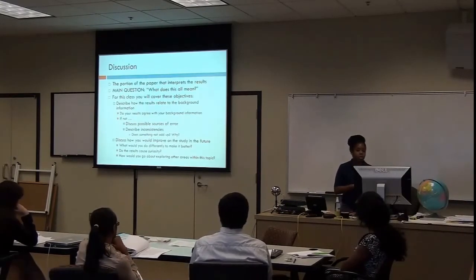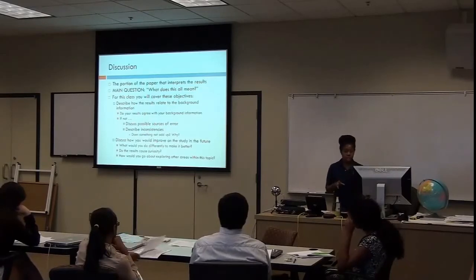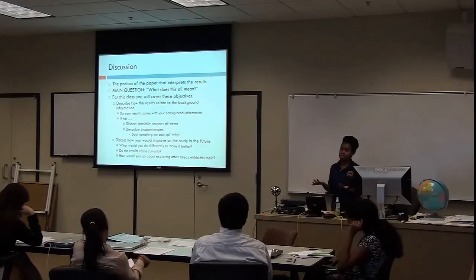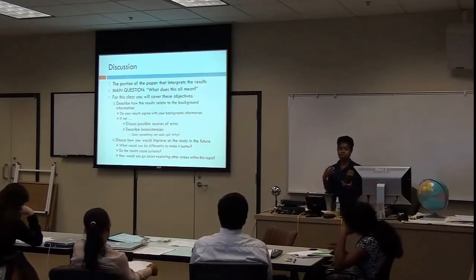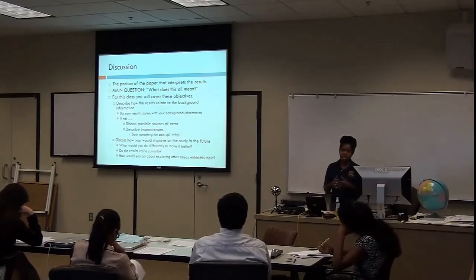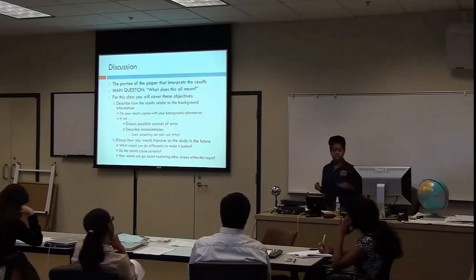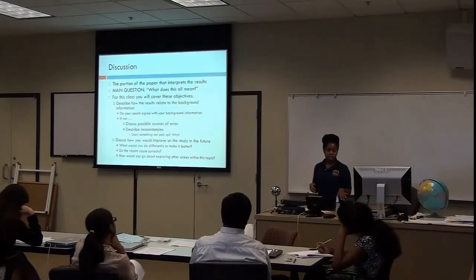All right. So I gave you a few questions to kind of put in your mind because you guys are not experienced scientists, so sometimes it's kind of hard to know what to write about in your discussion. So I gave you a few pointers to go off of as a starter. You want to describe how the results relate to your background information. As we get to it later in this presentation, your background information is pretty much what we know already about the subject matter.